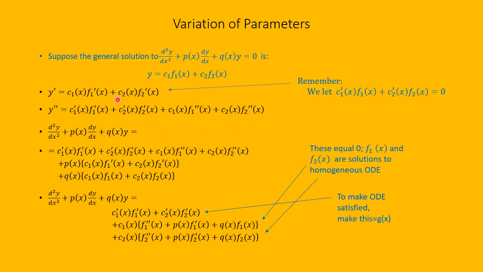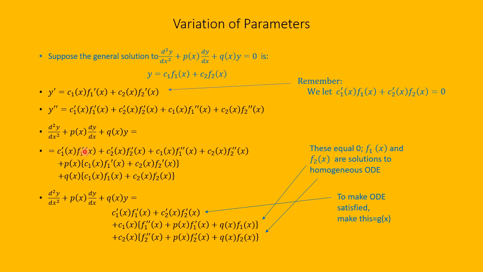So then if we substitute what y prime and y double prime are into the left-hand side of the differential equation, what we get is the following. For this second derivative, we get this stuff.